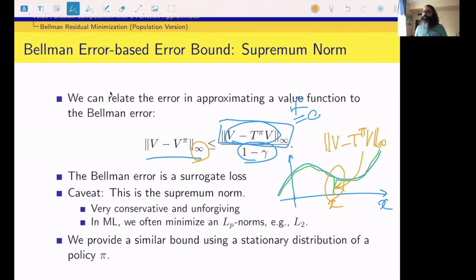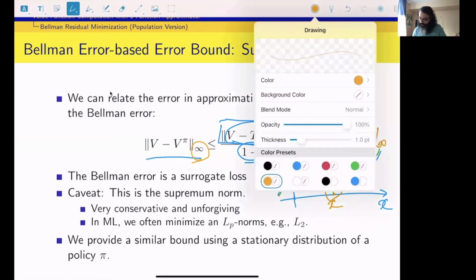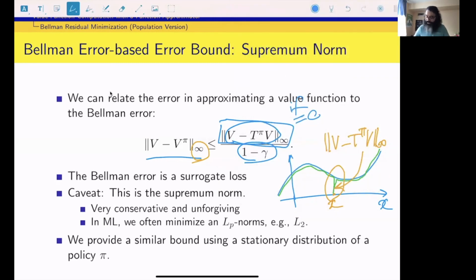So that error might be large. This is not necessarily an issue in the sense that there's nothing wrong with this upper bound. This upper bound is correct. It is just that the supremum norm is too strict a requirement to have a small value for. So I guess that's one thing.